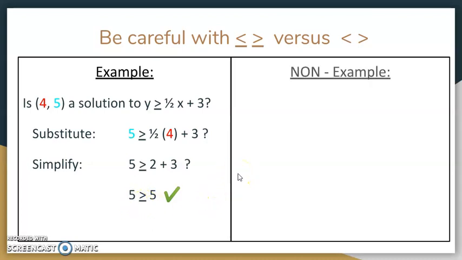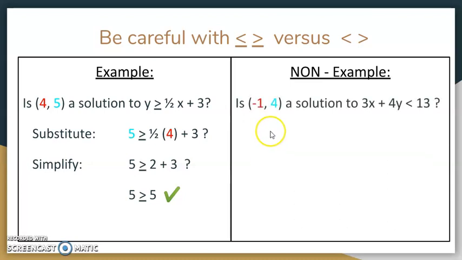However, sometimes we get a situation like this. Now, I put this in the non-example. Can you go ahead and try this on your own to see if you agree it's a non-example? Alright, just like before, we are going to substitute our values in.